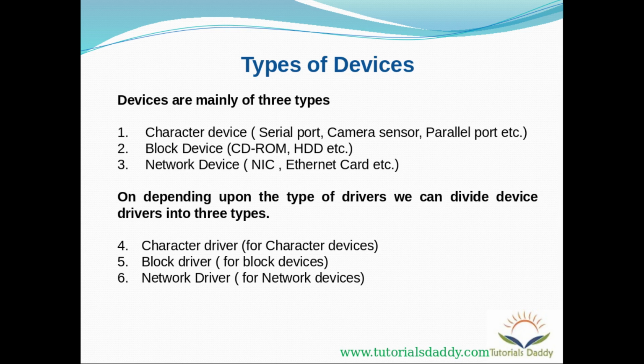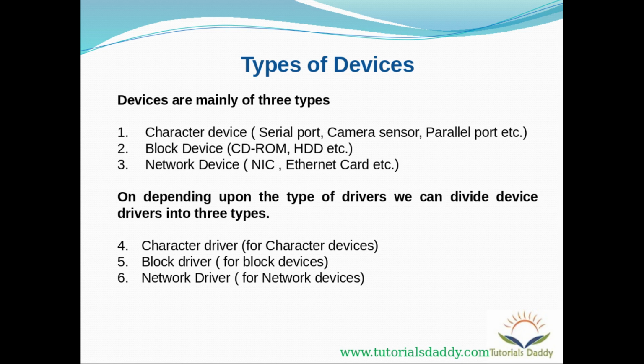The first type is character devices. Character devices are the devices in which data is transmitted between your device and your system character by character. For example, you have serial port, camera sensor, parallel port, etc.